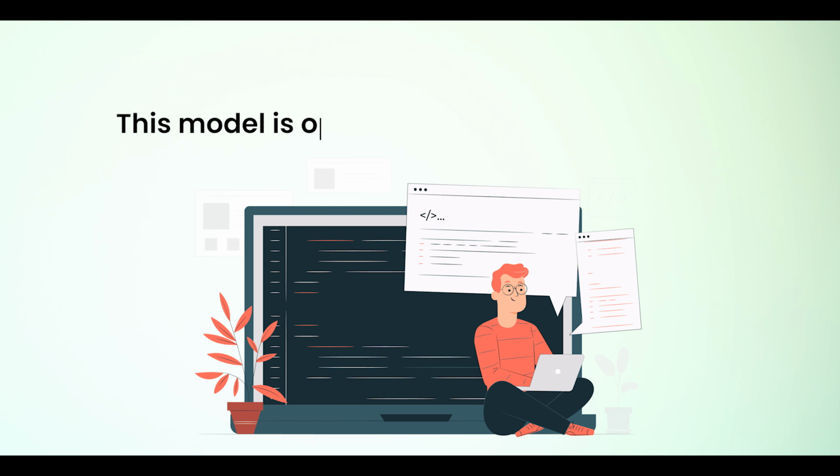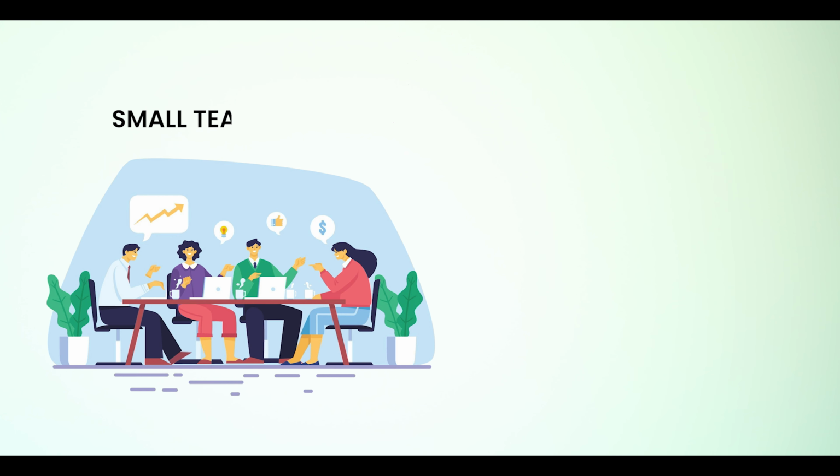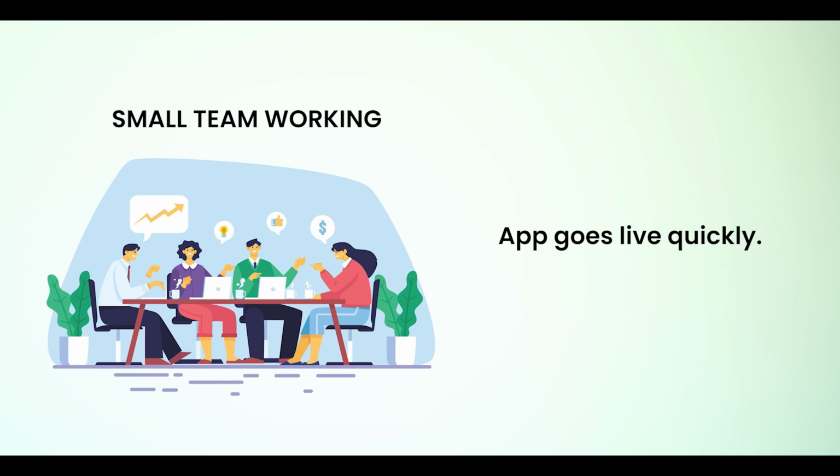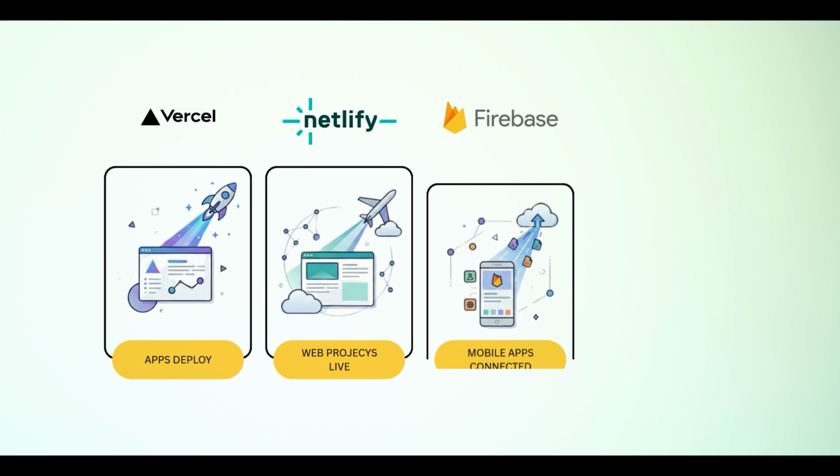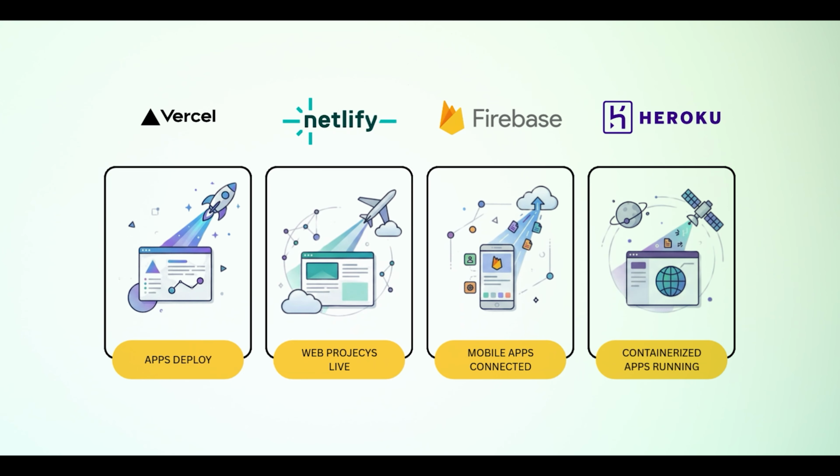This model is optimized for developer speed. For startups and front-end heavy applications, this model often reduces operational complexity dramatically. Platforms like Vercel, Netlify, Firebase, and Heroku abstract most infrastructure concerns away from developers.